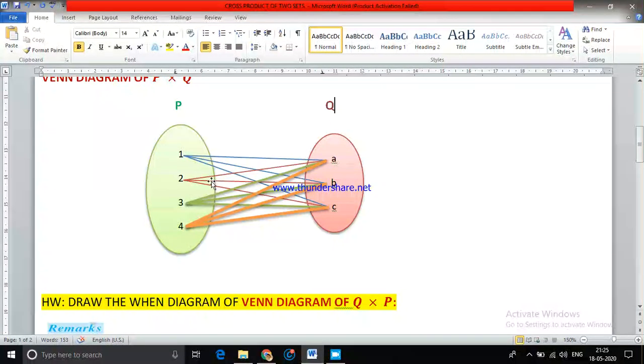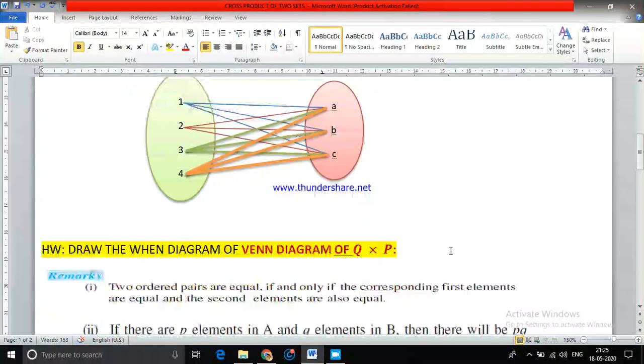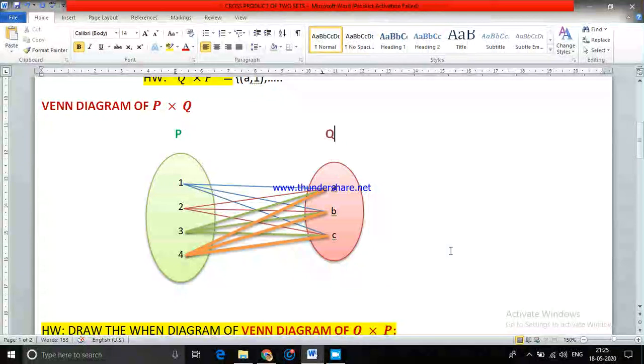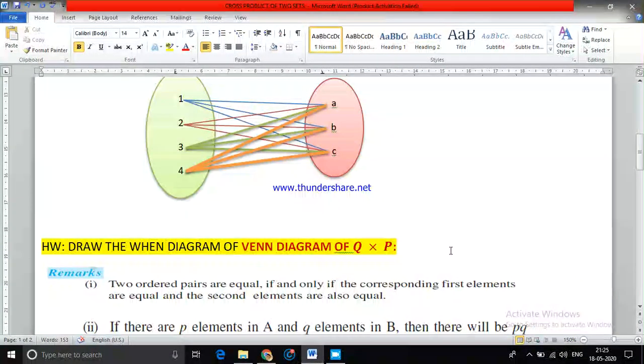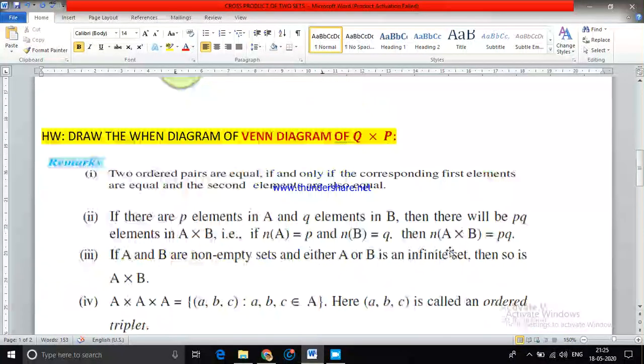Then from A21, A22, A23, A24, then B21, B22, B23, B24, like that it will go. The positions of P and Q will interchange, the elements also will interchange. So you can say if you flip this whole diagram 180 degrees, then you may get the Venn diagram of Q and P, Q cross P.